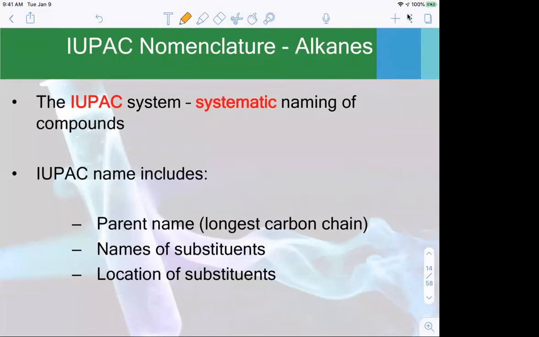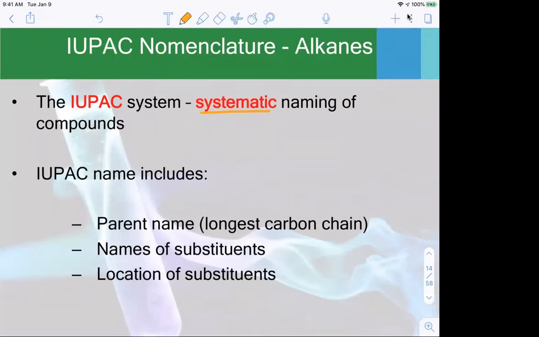Again, this is from the International Union of Pure and Applied Chemistry, and it outlines very, very thorough rules which allow the systematic naming of organic compounds. There are usually different components to the IUPAC name.